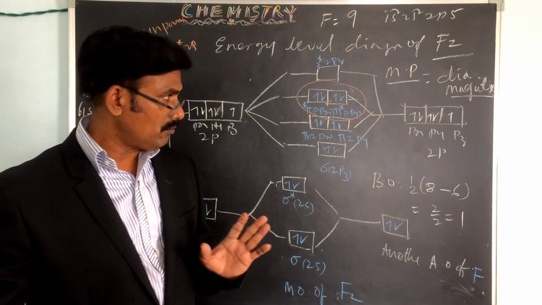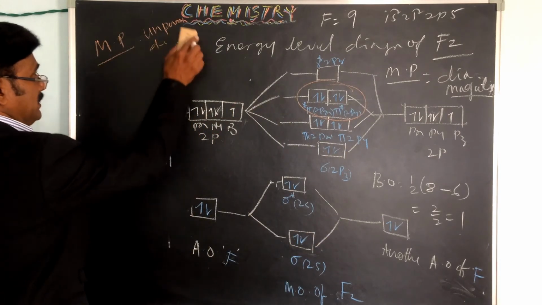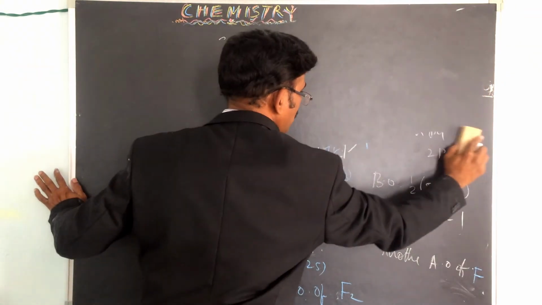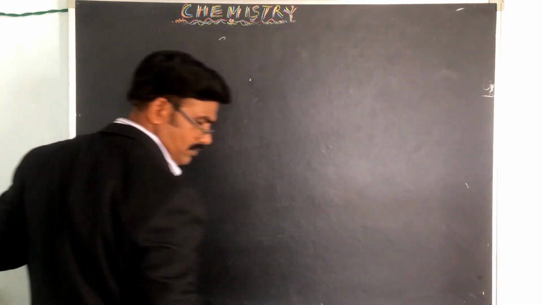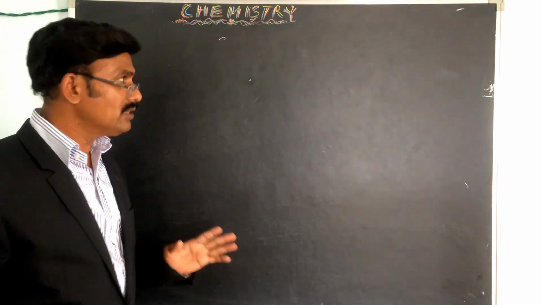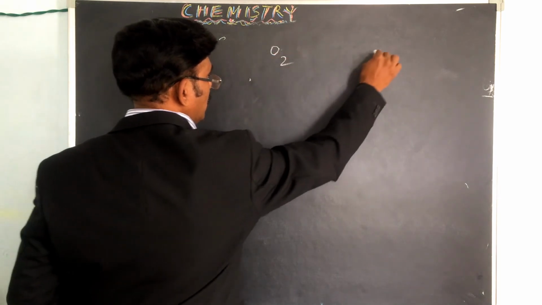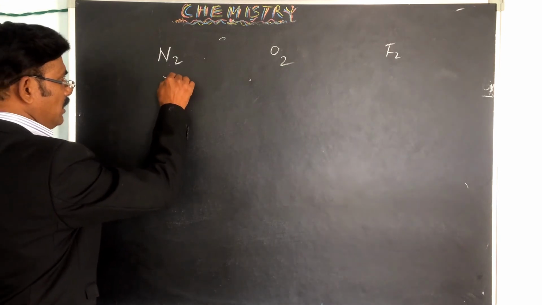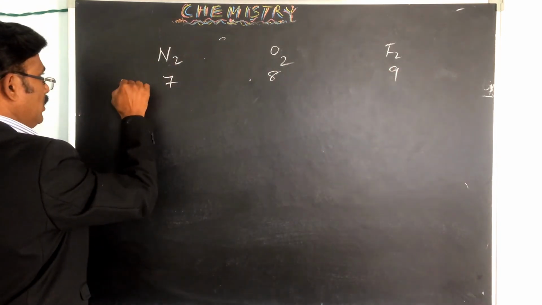So once again, the final discussion is the comparison. Comparison is important. At a time you have to remember three: nitrogen, oxygen and fluorine. First write the atomic number.